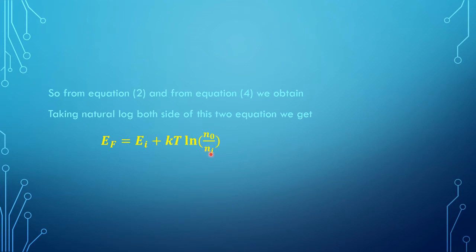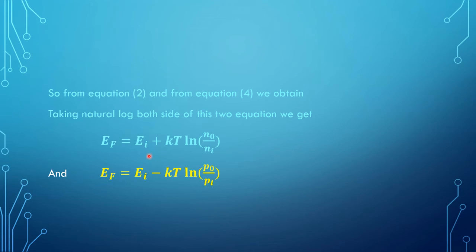That is the first equation. And from equation 4 we get EF equals EI minus kT ln P0 by pi. ni is the intrinsic electron concentration and pi is the intrinsic hole concentration.